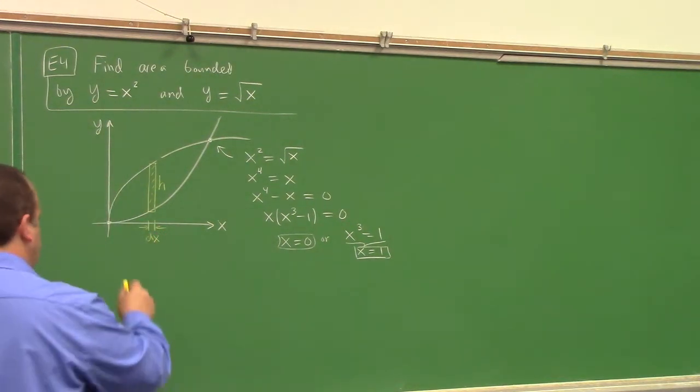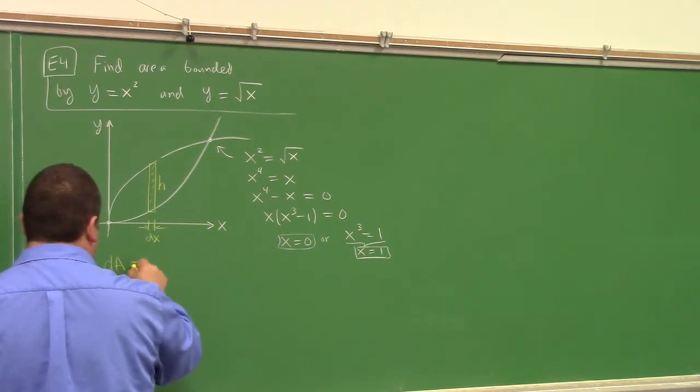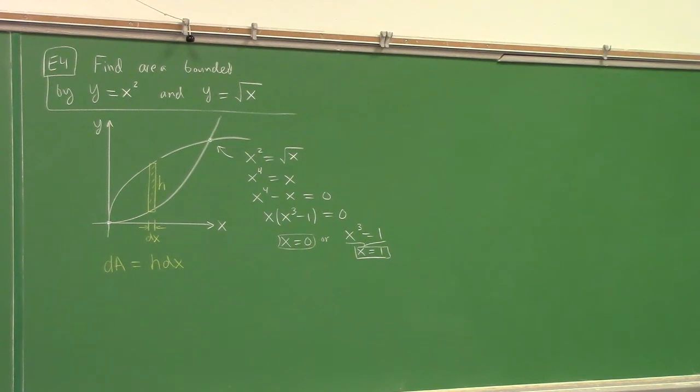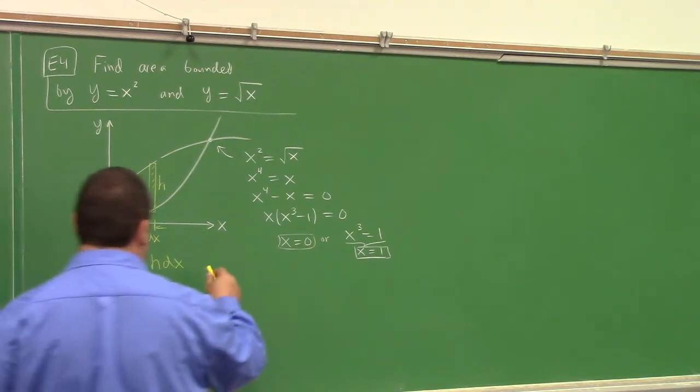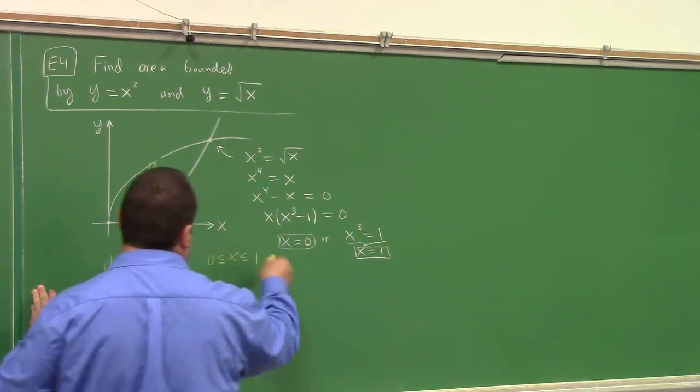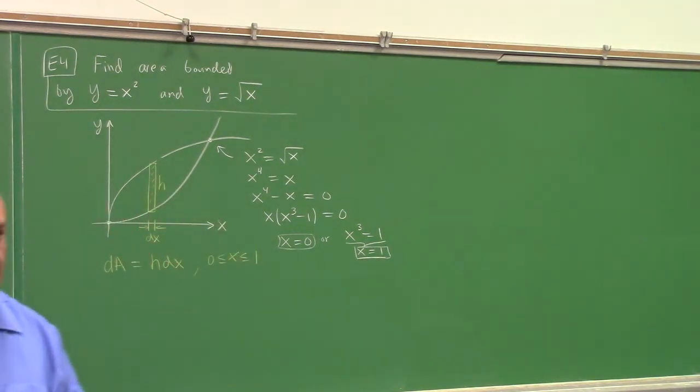So dA is h dx in this case. And that's going to be true for 0 less than x less than 1, right? I know that because of the algebra I just did. I found the points of intersection.